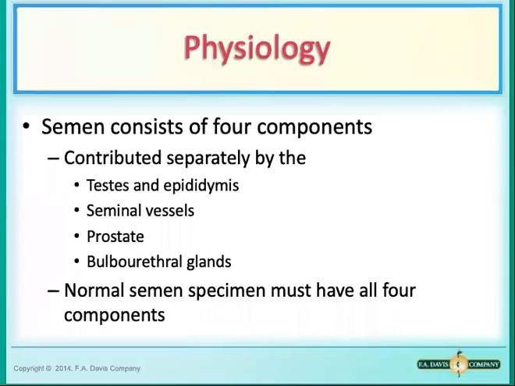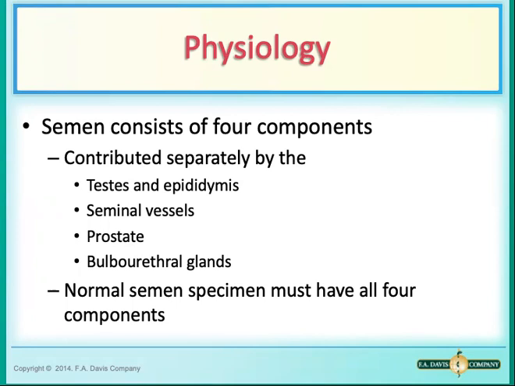Semen in particular, which is part of the male reproductive system, is composed of 4 different fractions: the testes, the epididymis, the seminal vesicles, and the prostate gland. The bulbourethral glands are also a part of what is called semen.